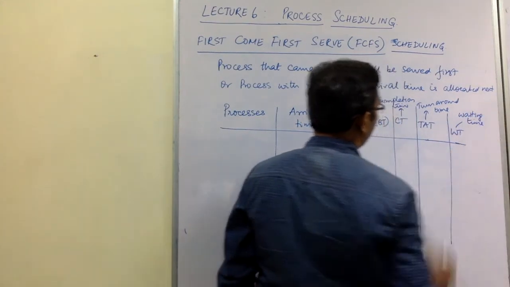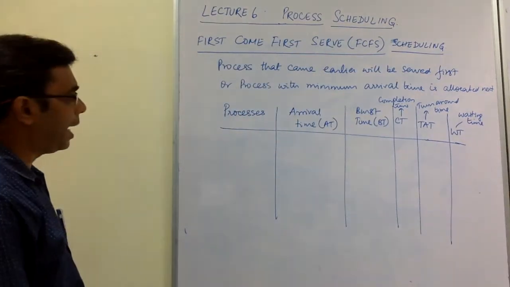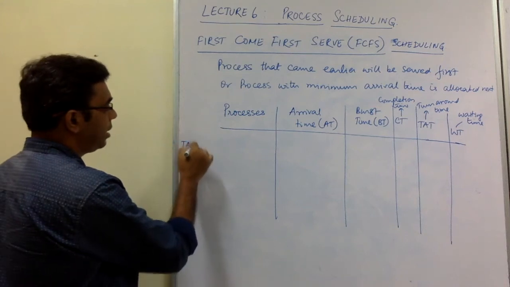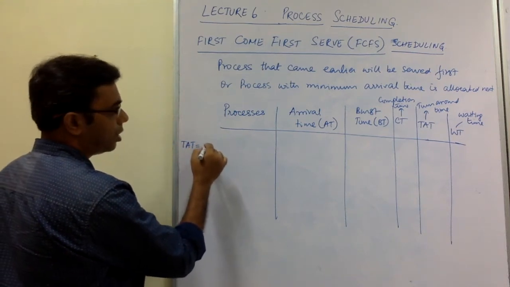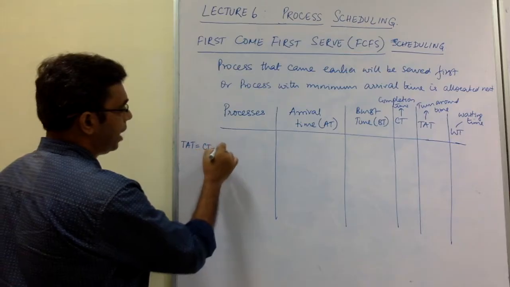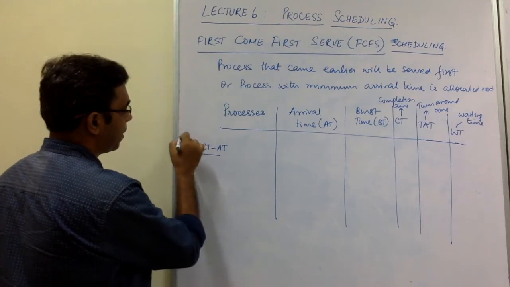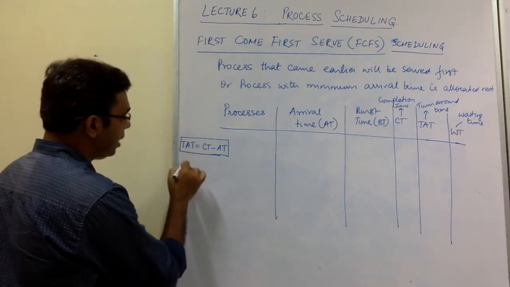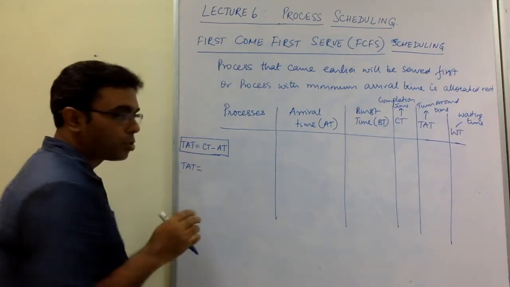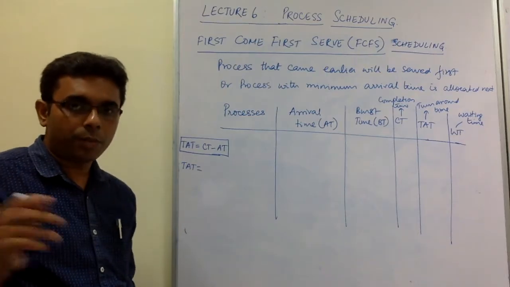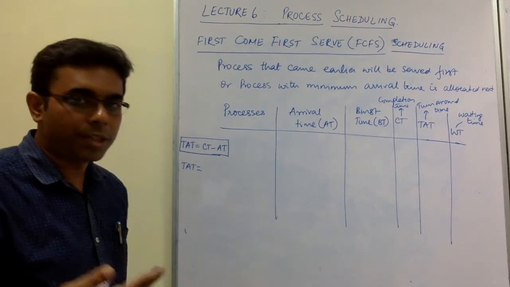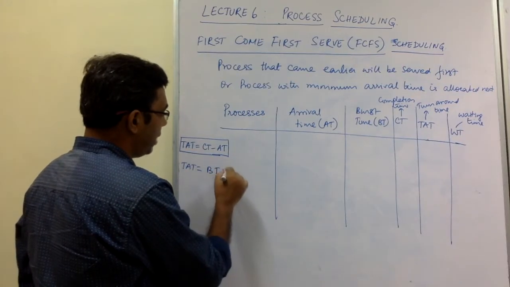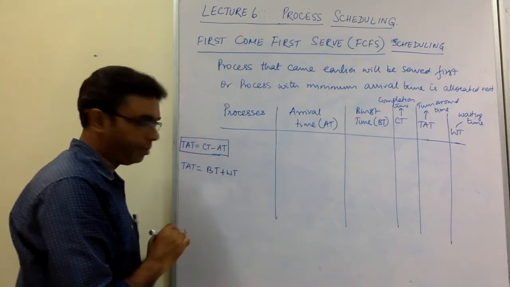Now, there's a relation between turnaround time, CT and BT. We already have seen that TAT is CT minus AT, that is completion time minus arrival time. That's the total time spent by the process. Within this entire duration, a process spent some time in execution, that is, the CPU burst, and there was some waiting time.